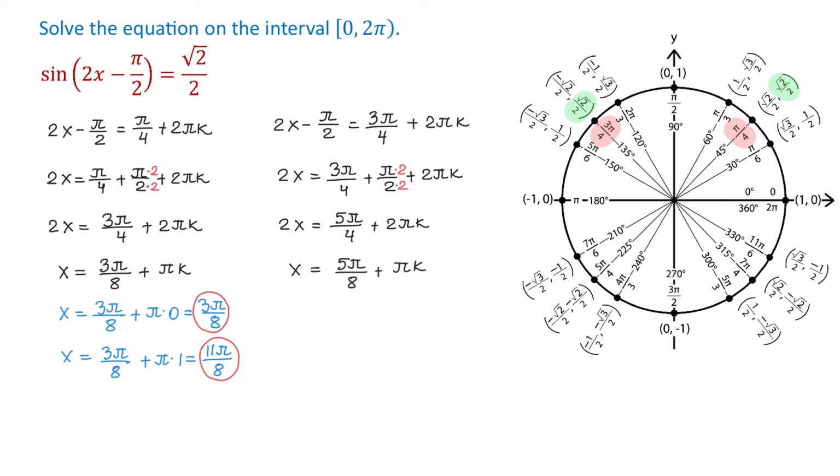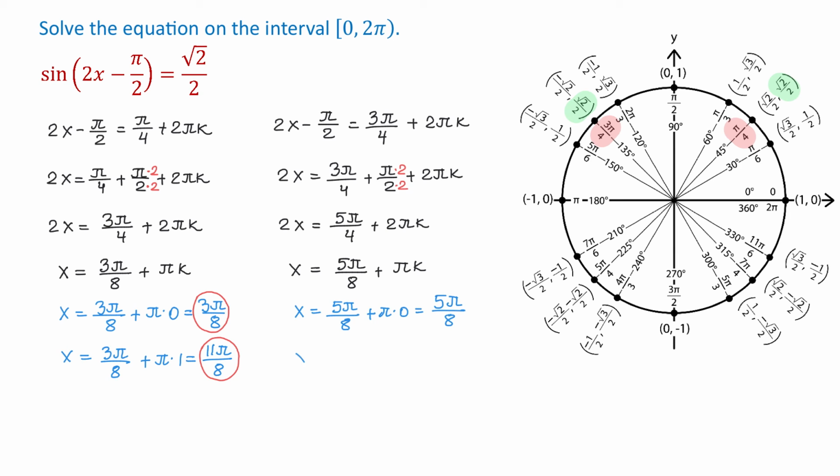And now let's find the values of x that will be on the interval from 0 to 2 pi. First we will replace k with 0, so we will have x equals 5 pi over 8 plus pi times 0, and this equals 5 pi over 8.